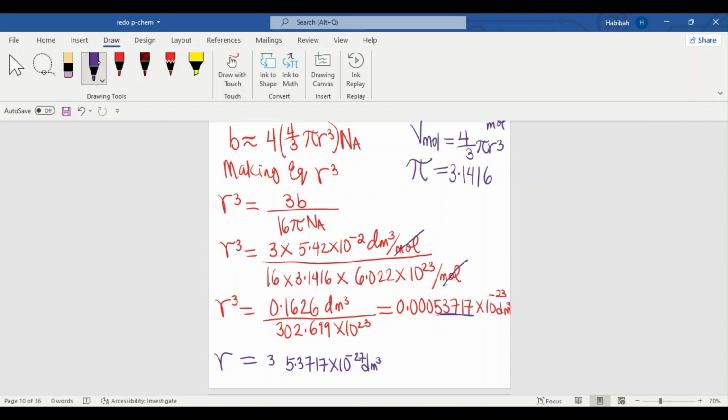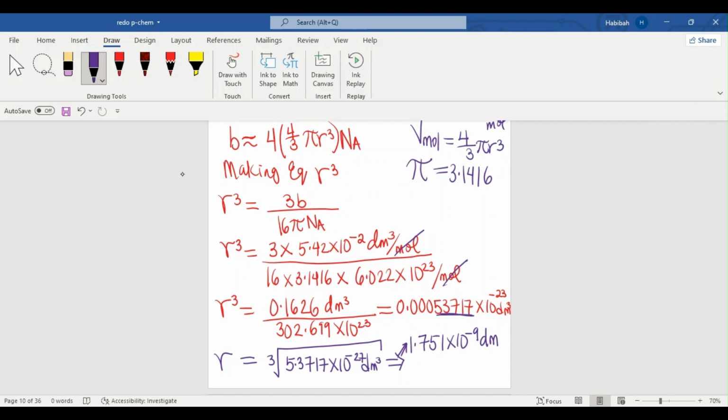Sorry, let me rewrite the cube root. When you input this on your calculator, you have 1.751 times 10 raised to the power of negative 9. Because we took the cube root, the dm cubed is just going to be dm, decimeter. That's going to be the radius.